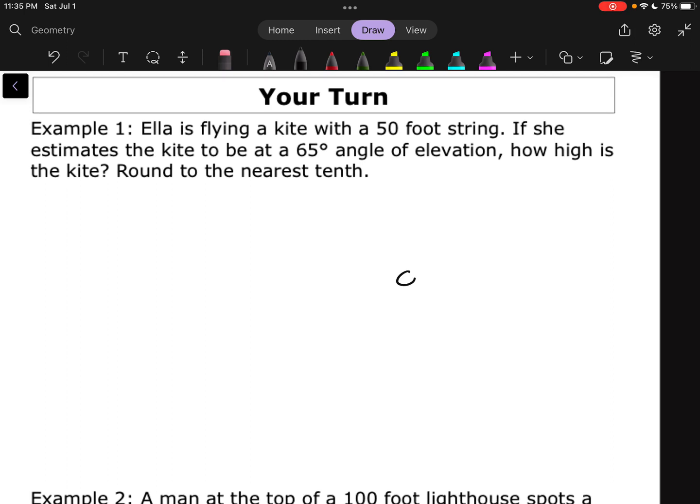All right, so hopefully that went well. We've got Ella here flying a kite. There's my kite with a 50-foot string. Angle of elevation is 65 degrees.